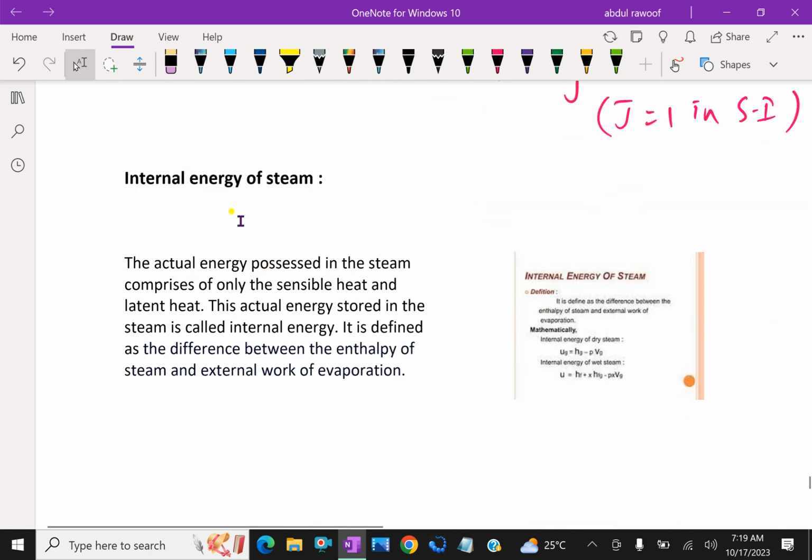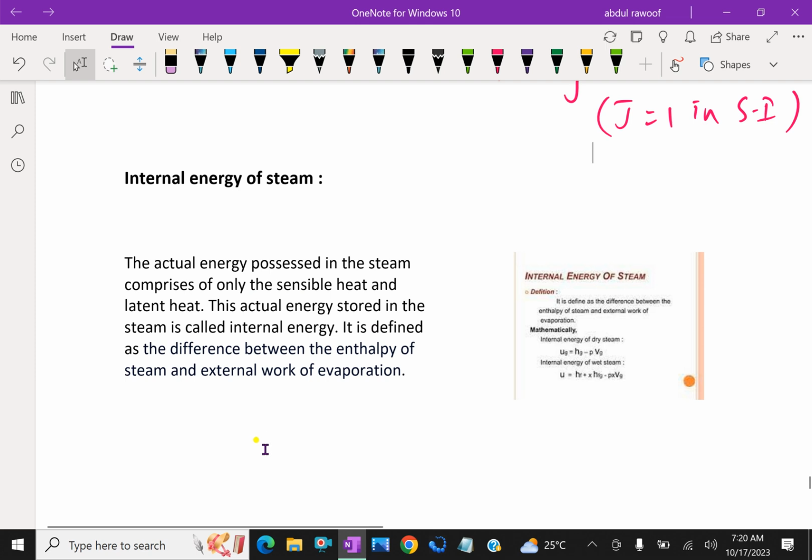Next one, internal energy of steam. The actual energy possessed in the steam comprises only the sensible heat and latent heat. This actual energy stored in the steam is called internal energy. It is defined as the difference between the enthalpy of steam and the external work of evaporation.